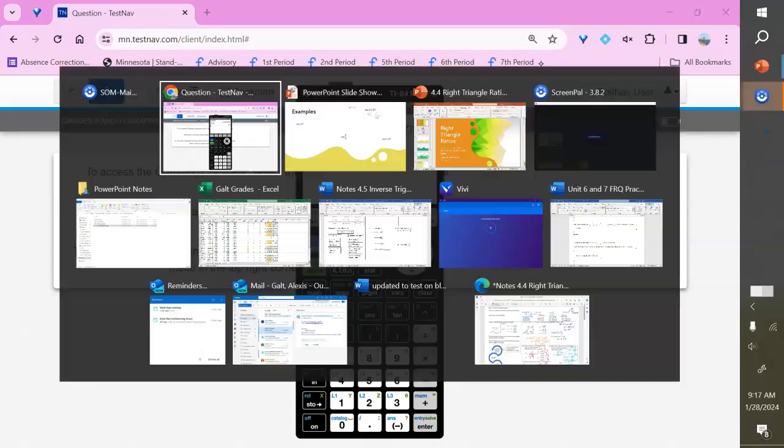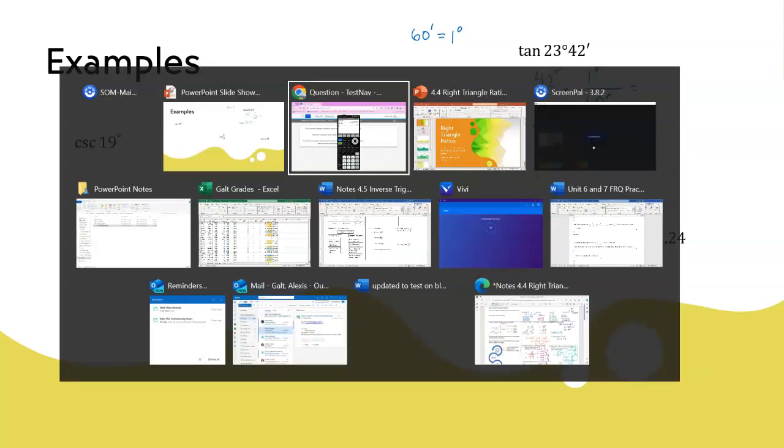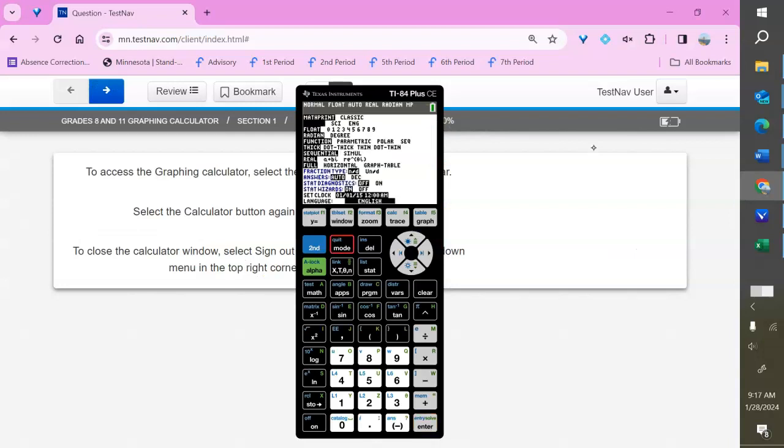That's 0.7. And so I'm trying to do tangent of 23.7 degrees. My calculator has to be in degrees, so I'm going to change my mode to degrees, hit enter, and then quit out of there.